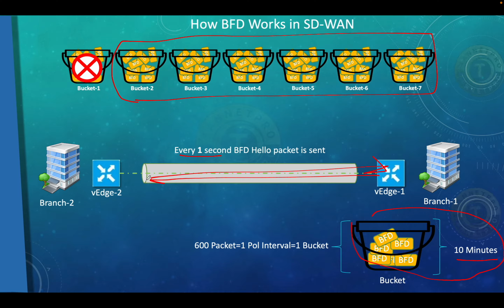So in 10 minutes it collects 600 packets. 600 packets equal what we call one poll interval, or one bucket. And SDWAN by default works with the latest 6 buckets. It analyzes the BFD packets of the 6 buckets to understand the link health, link loss and latency.